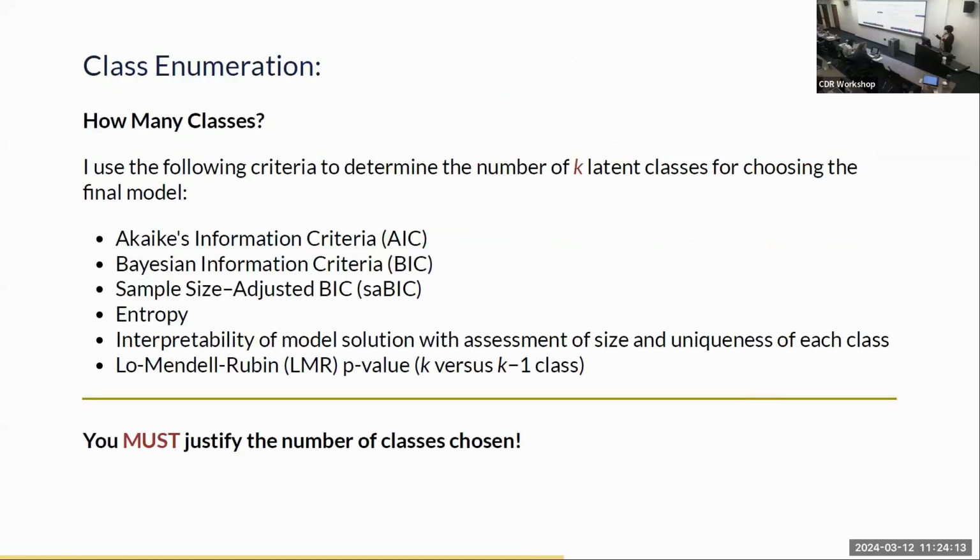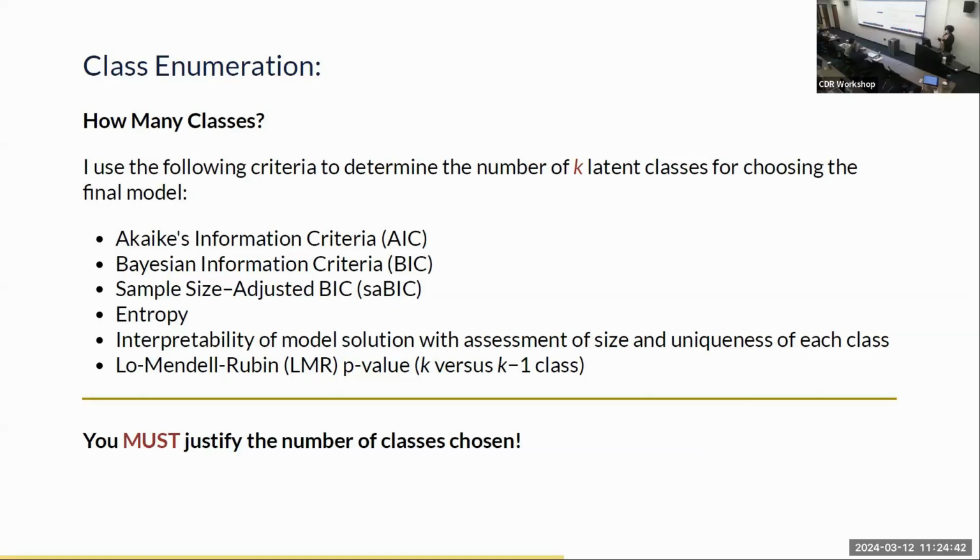And so when you actually do run those models and it's time to start choosing which one I should actually hone in on and focus more on, there are statistical and qualitative considerations that you want to take as you're choosing your classes, right? Because statistics can't tell you everything. There's some interpretation that you have to do. There's a lot of subjectiveness in this as well. So you have Akaike's information criteria, which is the AIC, the Bayesian information criteria, which is the BIC.